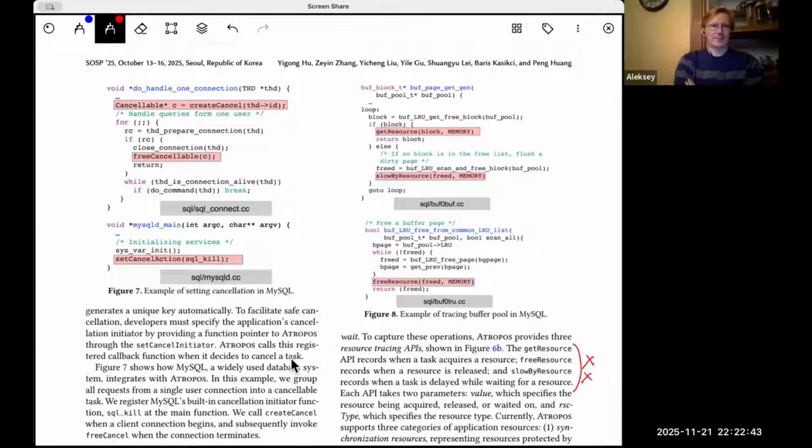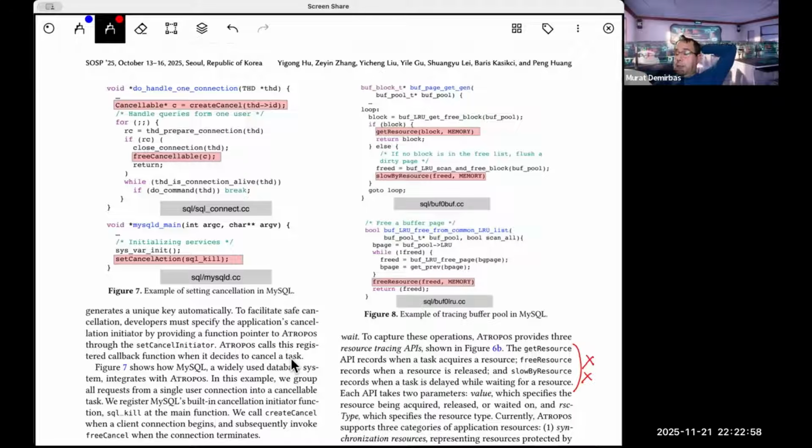The get resource API records when a task acquires a resource. Free resource records when a resource is released, and slow by resource records when a task is delayed while waiting for a resource. And how does this apply to CPU?